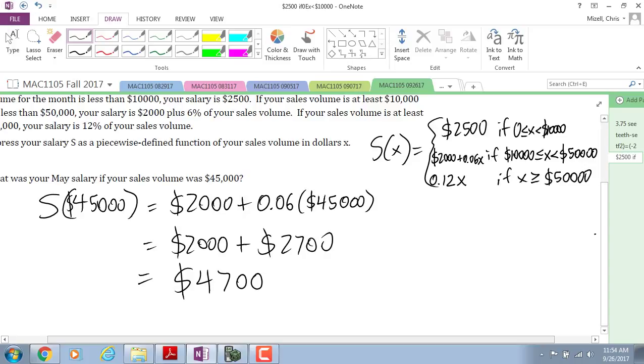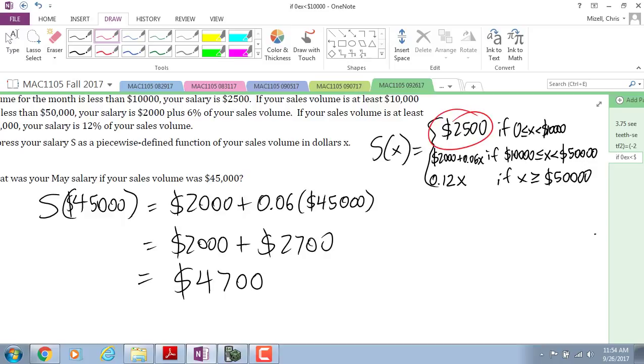If we were to graph this, we would see a function whose graph consisted of pieces of 3 different straight lines. This one would just be a horizontal line from 0 to 10,000. It would just be $2,500. And I believe the next piece would pick up right about there and would be non-horizontal.